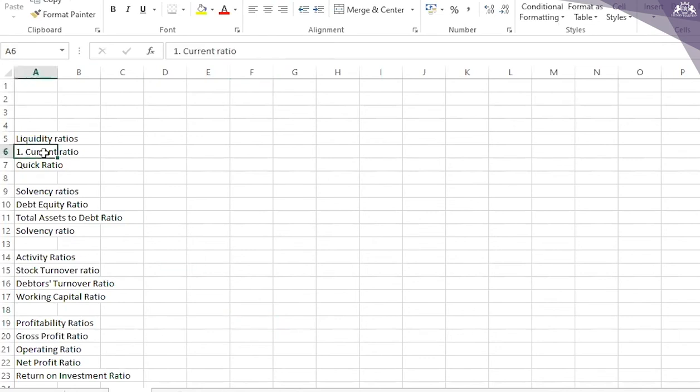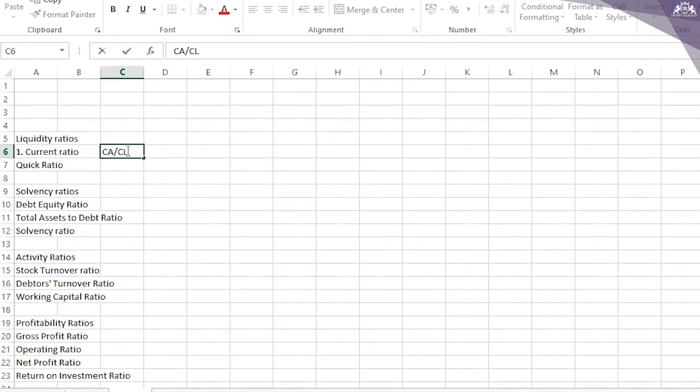Talking about the current ratio, which is current assets divided by current liabilities. This ratio shows the short-term financial soundness of a business.